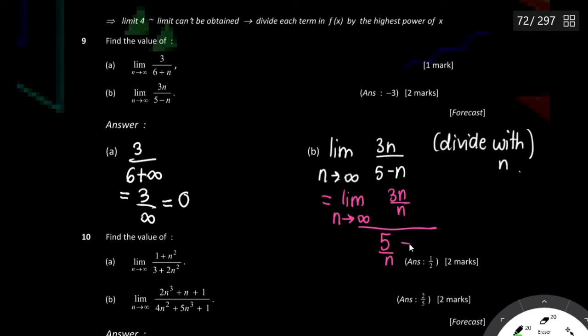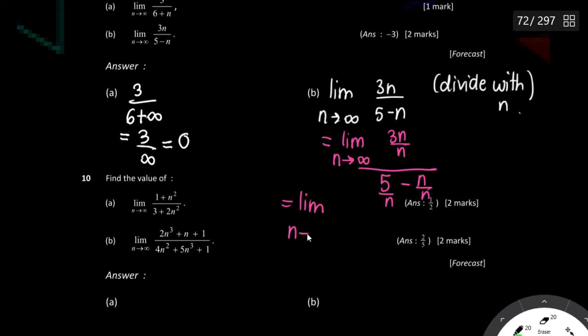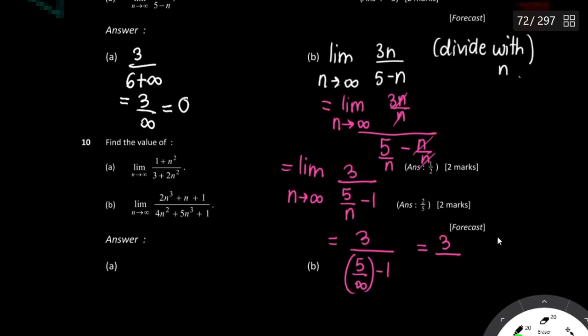5 over n minus n over n. So we will get limit n approaching infinity, 3 over 5 over n minus 1, because here n and n cancel. Now you substitute the infinity. So 5 over infinity. Any number divided by infinity will become 0.